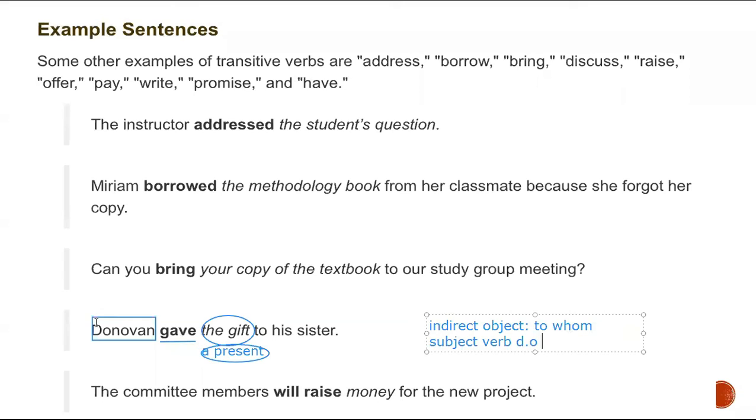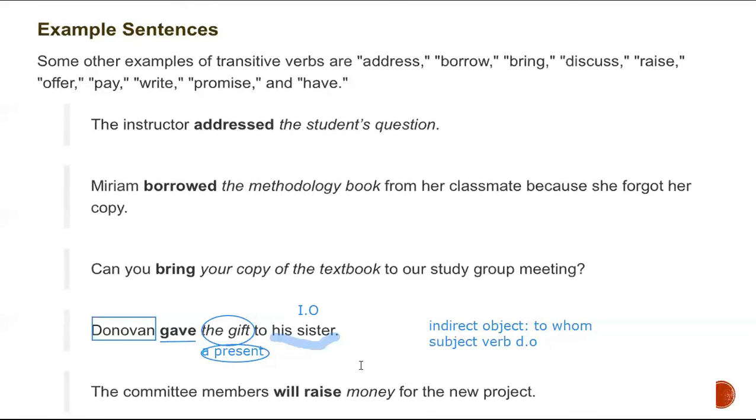To whom Donovan, verb, direct object, the gift? To whom Donovan gave the gift? To his sister. So look, to his sister will be the indirect object.